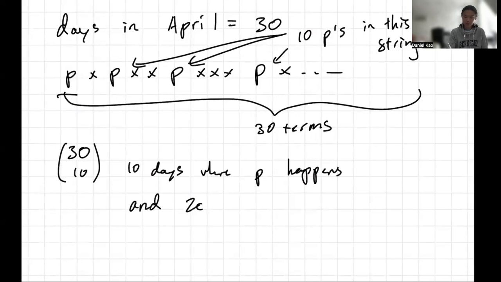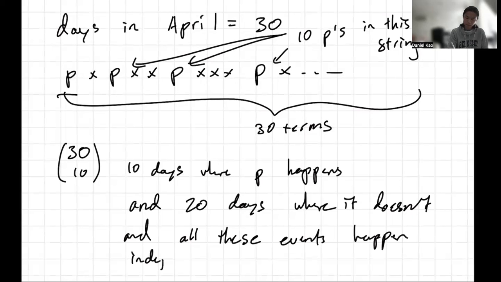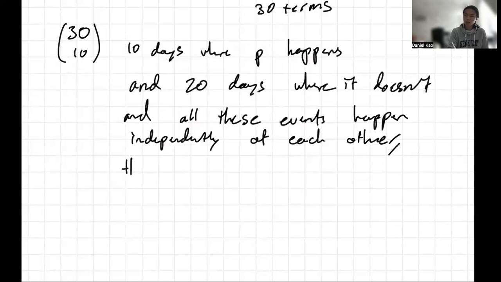And 20 days where it doesn't. And all these events happen independently of each other. Then we can just multiply all these probabilities together, right?